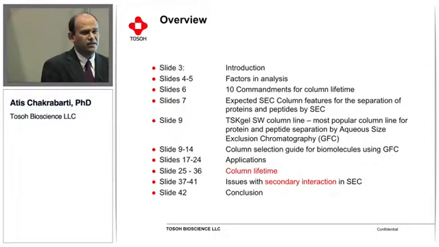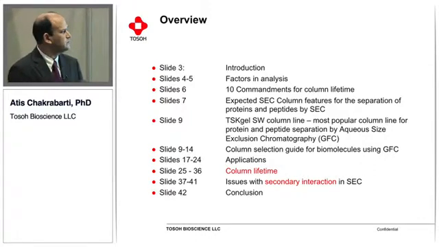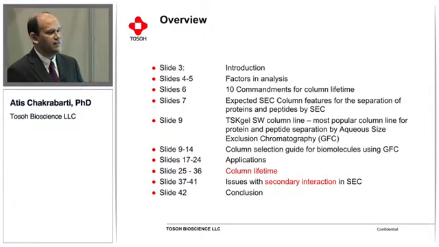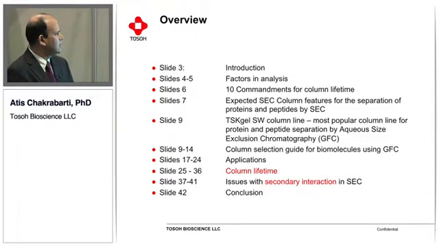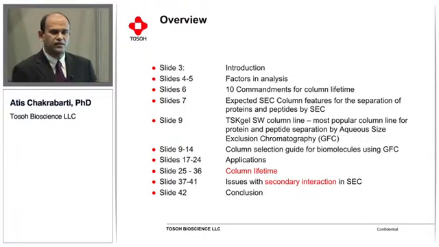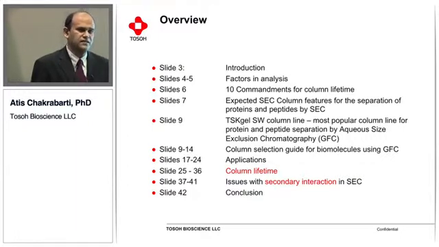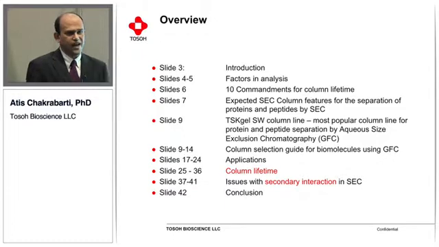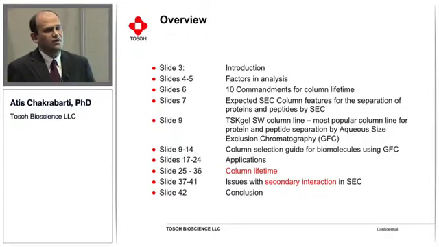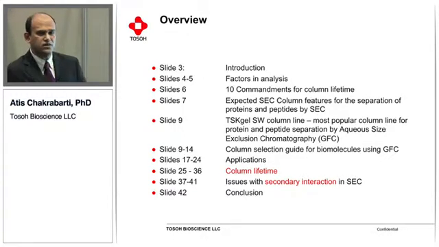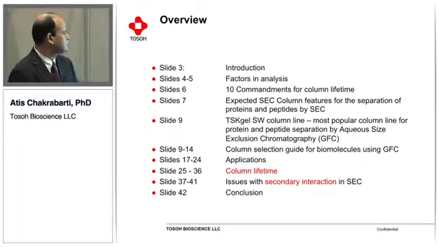I'll just talk about it because it's a very nice guideline for taking care of the column. And slide 7, basically when you start ACC, you expect some features a column should have and how we can maintain those features in the column. That's particularly for the protein separation and peptide separation.